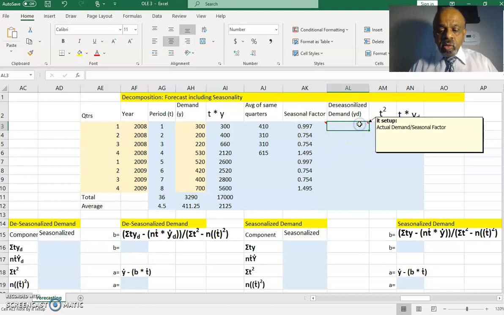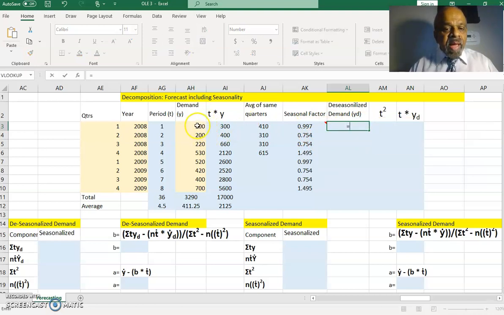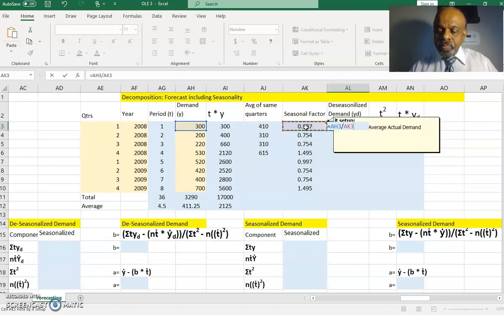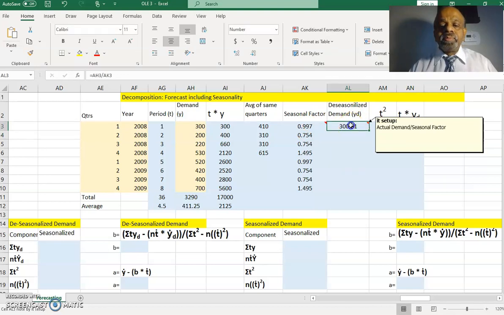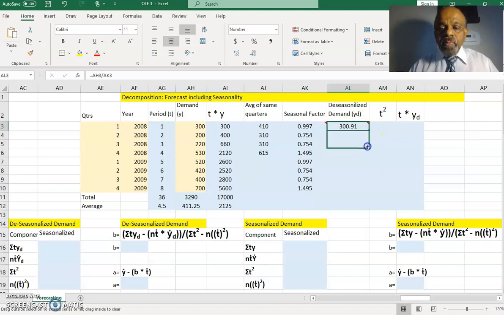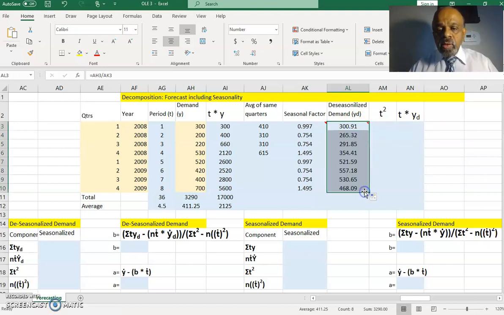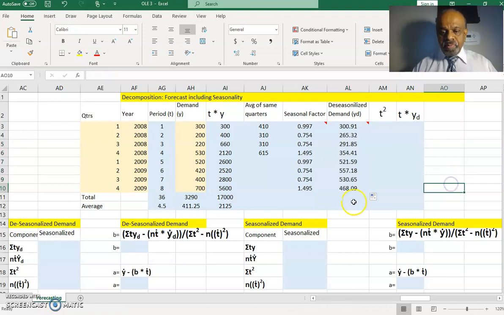Okay, so let's do that. Equal to the demand for my first period, 300, divided by the seasonal factor, and that is 309.91. Okay, so now I can copy and paste this, and this is my deseasonalized demand.